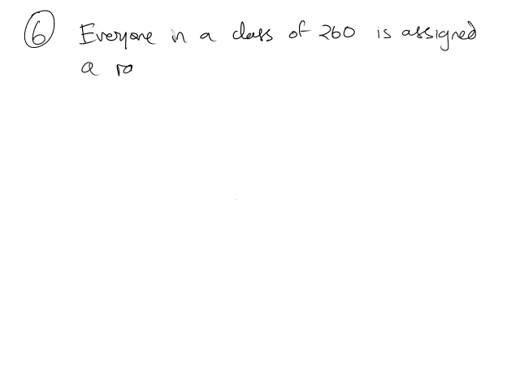Okay, one more probability question, number 6. What it says is that everyone in a class of 260 people, such as our class, is assigned a random birthday in the set 1 through 365.